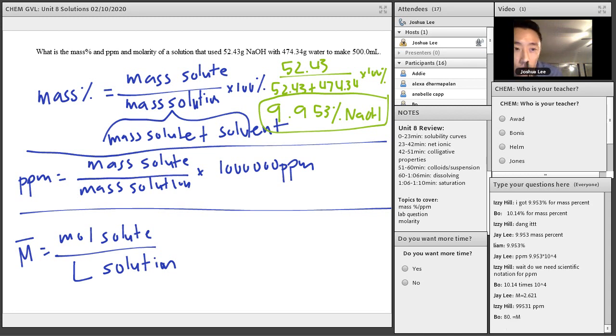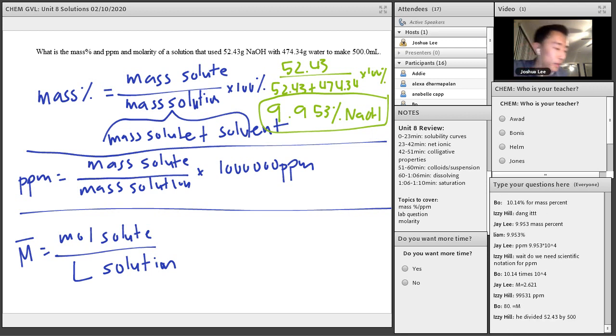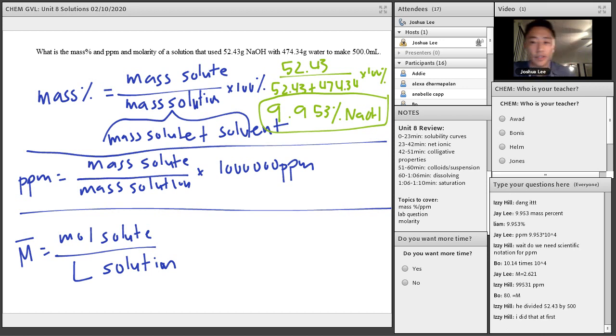10.14. How did you get 10.14? That means your mass was a little higher. So you just divided by 500.